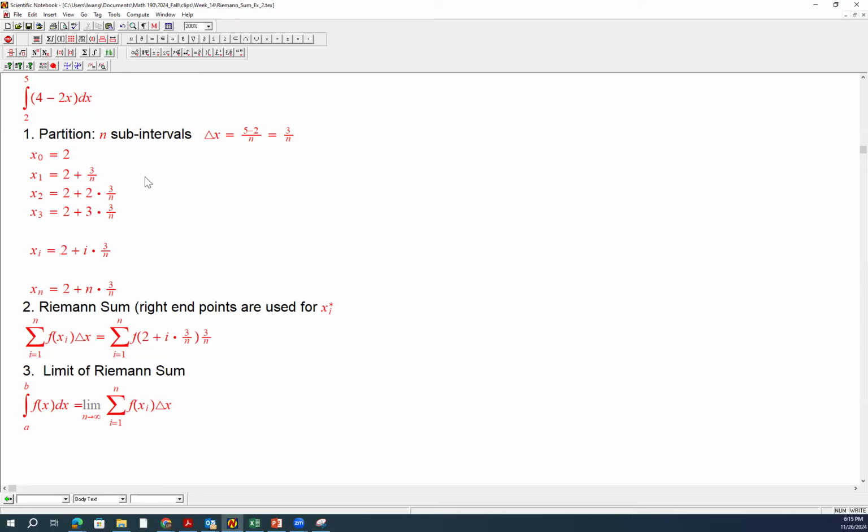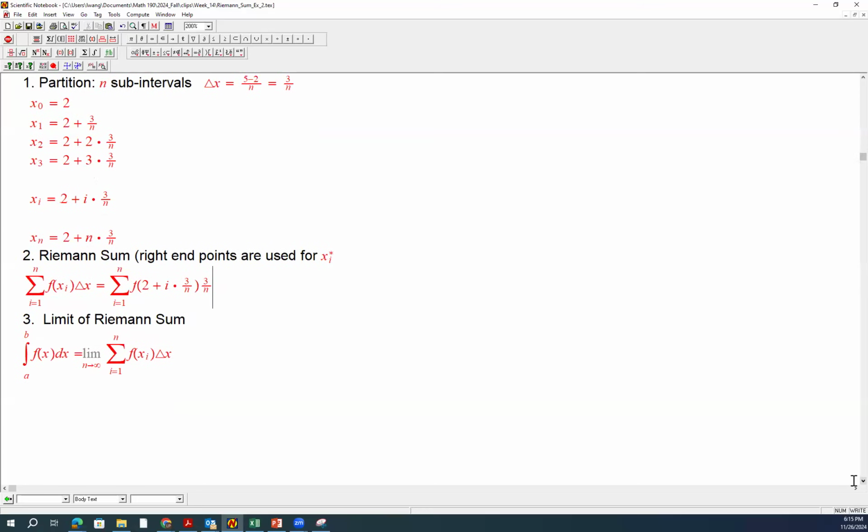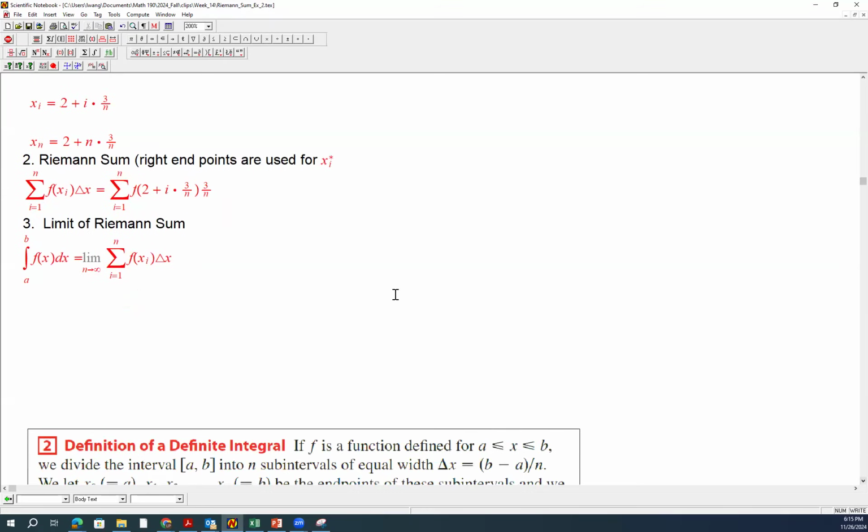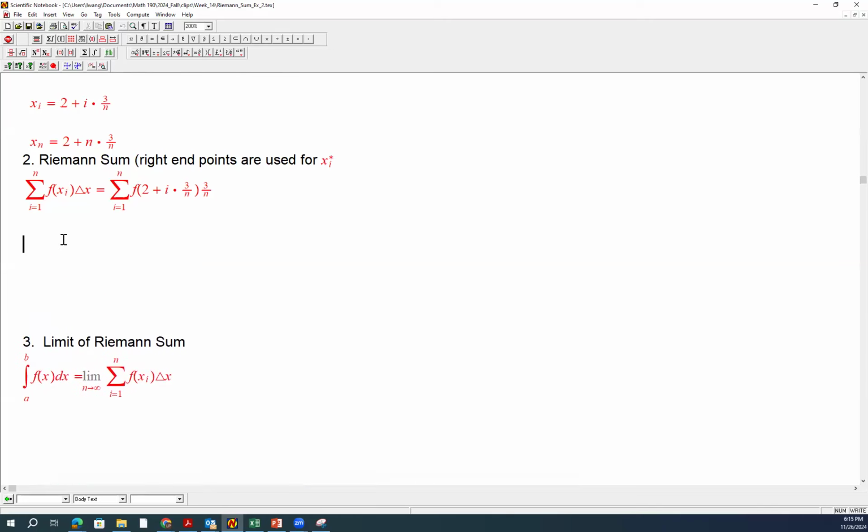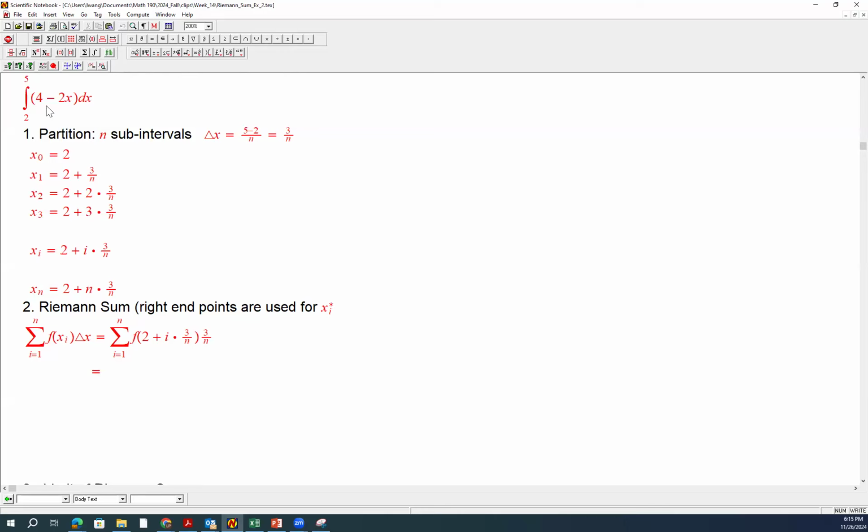You can see we're just doing step 1, 2, 3. Now we're on the 2nd step, where we plug in the function. The function is f of x equals 4 minus 2x.